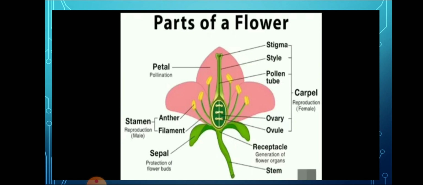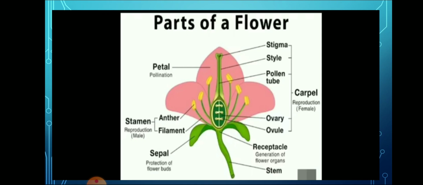See, here stigma, style, pollen tube, petals, ovary, ovule. These are the parts of the plant and these are jointly called carpel. Okay, these are reproductive parts of the plant and these are the female part of the plant.